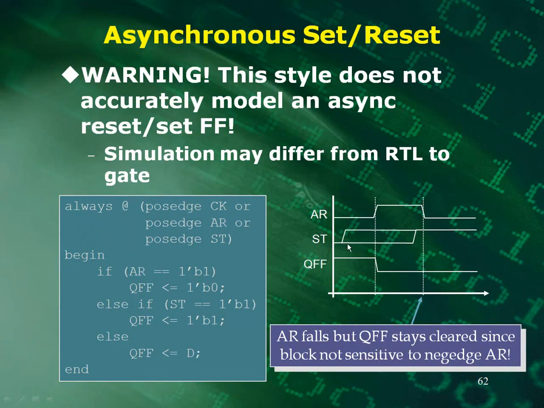Am I missing something here? Wait a minute. Oh, okay. Now let's say that while this asynchronous reset is high, an asynchronous set comes along. Let's say it comes along right in here.